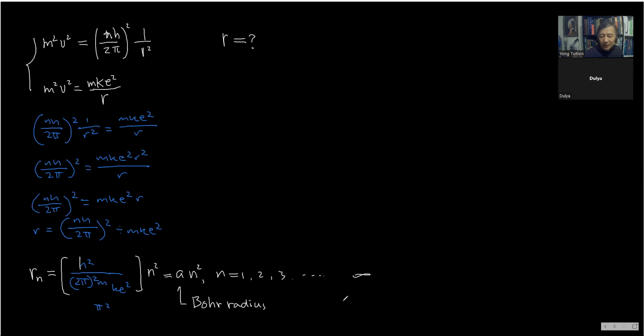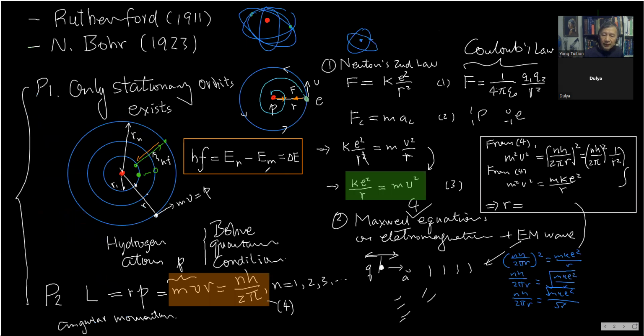Of course, there are some limitations of the Bohr model that you have to bear in mind. Bohr was trying to show that he had a formula for the circles, but it turned out that there's another important quantity, even more important than the radius, which is the energy.